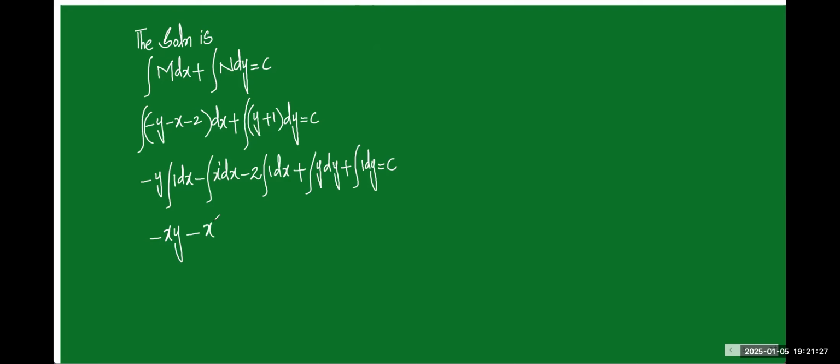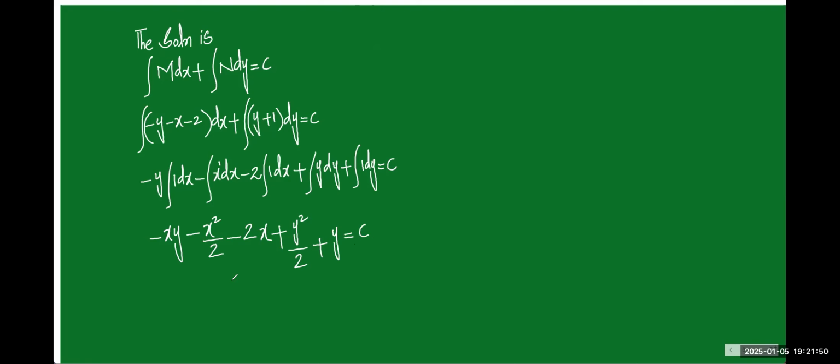The integration of x power 1 is x square by 2, n plus 1 by n plus 1 is the formula. Minus 2 into integration 1 dx is x, plus integration y means y power 1, y square by 2, plus integration 1 dy is y. 1 dx is x, 1 dy is y, is equal to constant.